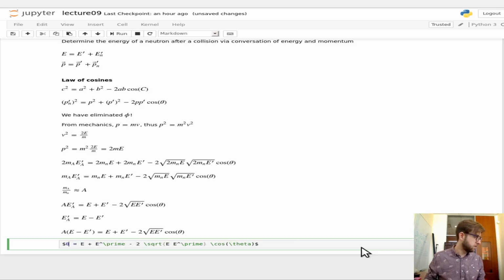So we'll say that 0 equals, if we do this, we have minus E prime here, A times E prime plus this E prime, so this is A plus 1 times E prime.